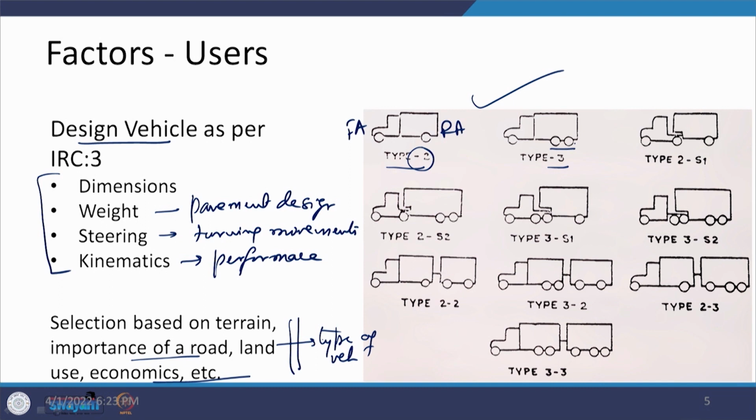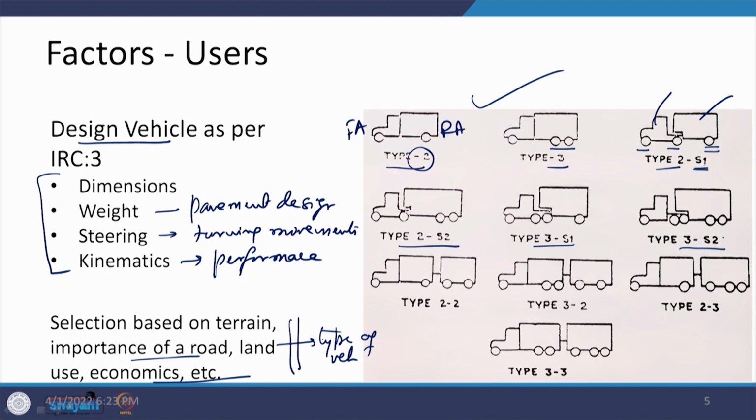When you say type 2 S1, this S1 is actually a semi-trailer condition. So, you have this main vehicle which is also attached to the semi-trailer. When you say type 2, it means it has a front axle and a rear axle, and in the case of a semi-trailer, a 1 written means it has one axle at the back. That is where the combinations can be type 2 S2, type 3 S1, type 3 S2 and so on.